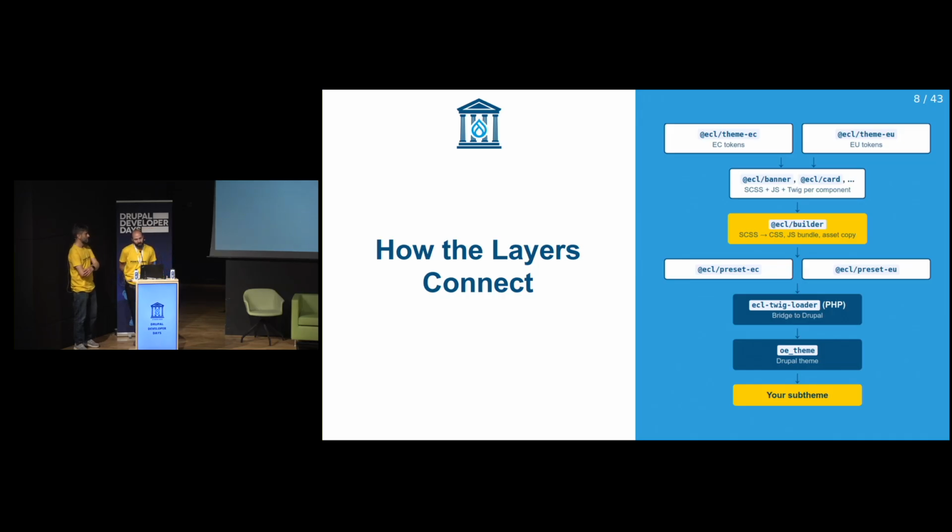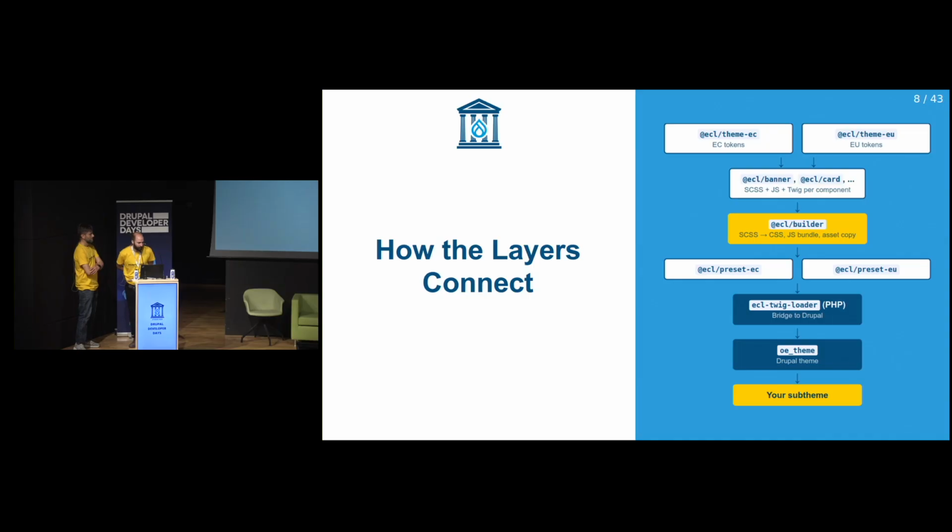So how do these layers connect? It starts from the design tokens. Visually, we can see here that you have the components, the presets, the builder, and the distributable assets. The templates live in the NPM, and somehow they need to reach Drupal.